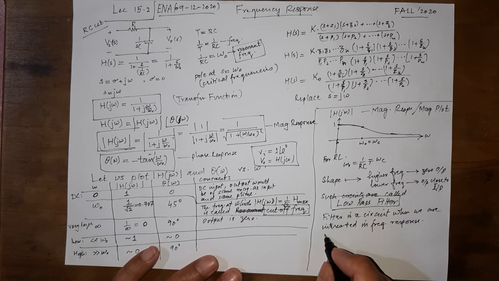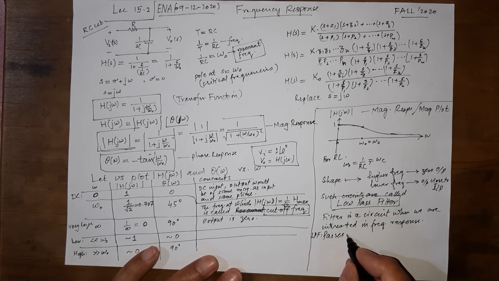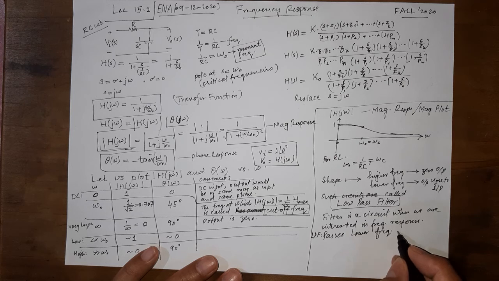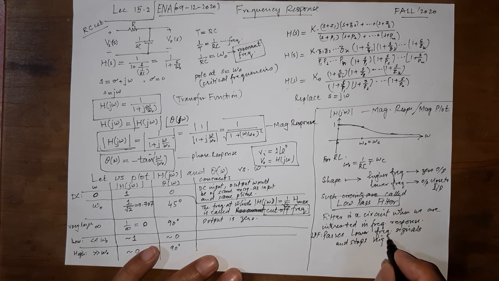So let me write it here. A low pass filter passes lower frequency voltages, or say signals, and stops higher frequency signals.